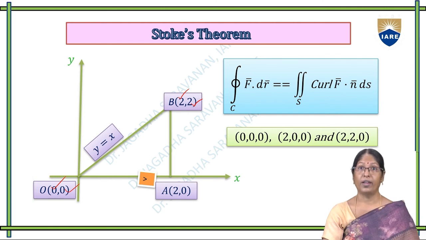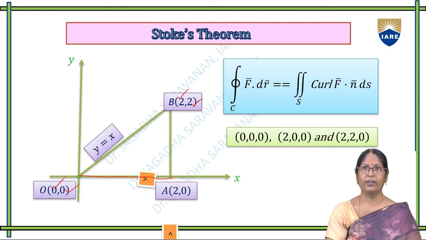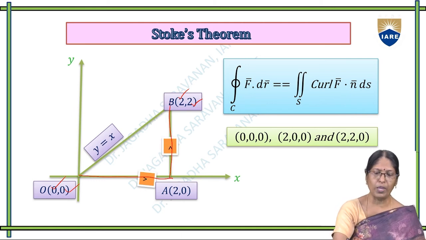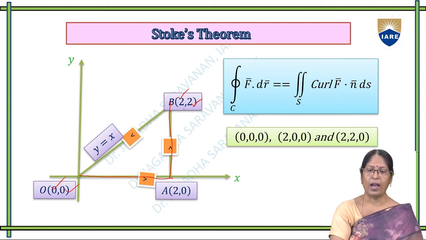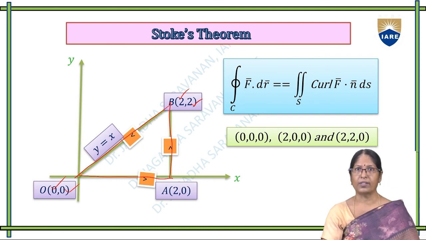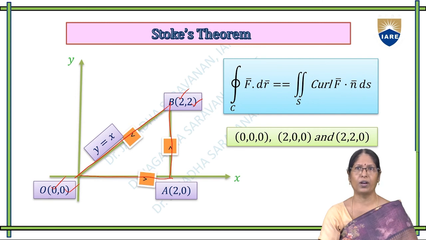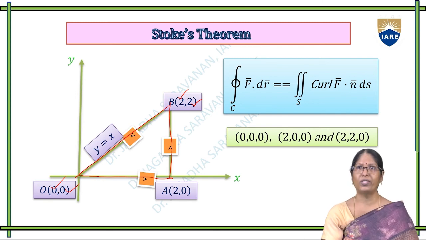The direction is from O to A to B, and B back to O. The starting point and terminating point coincide, so it is a closed curve. The curve does not intersect itself at all, so Stokes theorem applies.